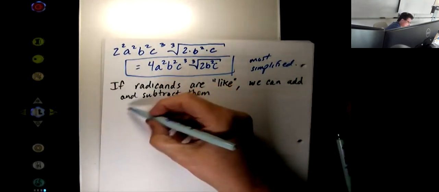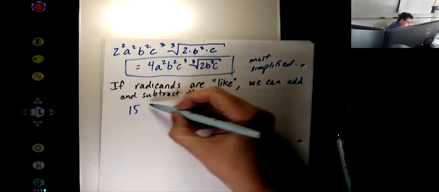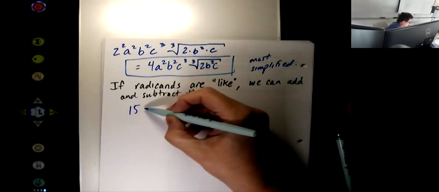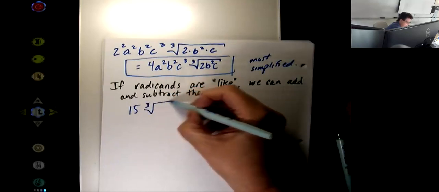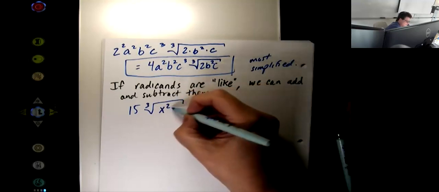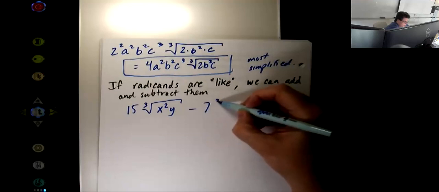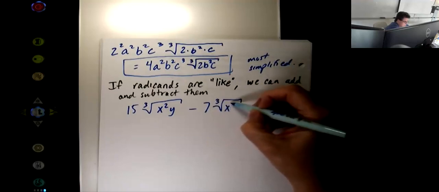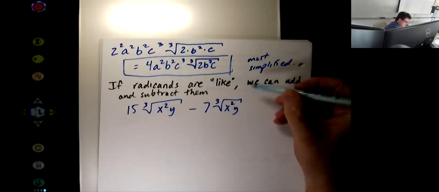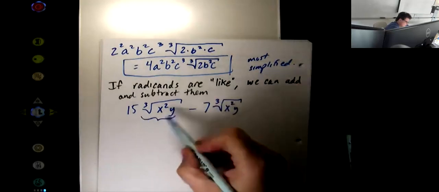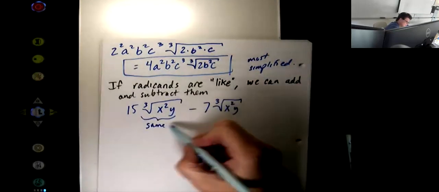If I have 15 cube root of x squared y minus 7 cube root of x squared y, these have the same index, same radicand.